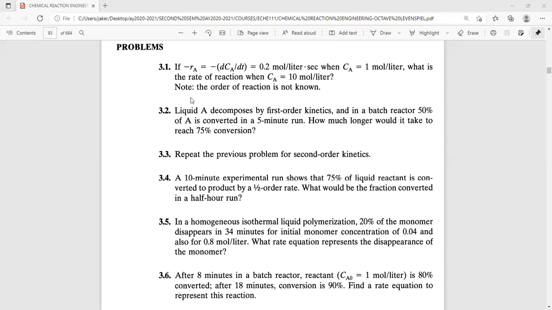And there's a note here that the order of the reaction is not known. But you are asked to determine the rate of reaction at this remaining concentration of A, after some time that the reaction has already proceeded. So let's go to our Jamboard and check how we are supposed to handle this problem.